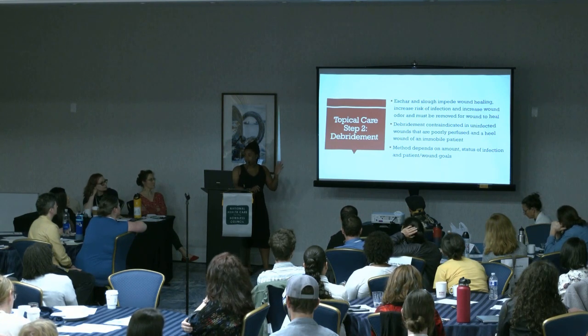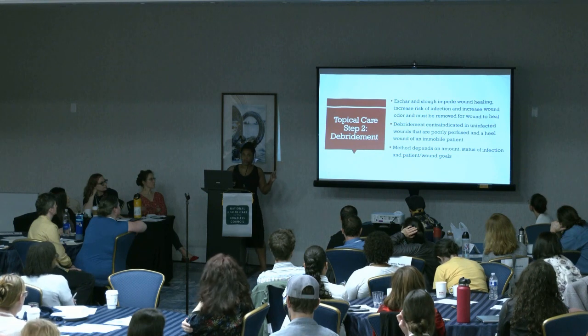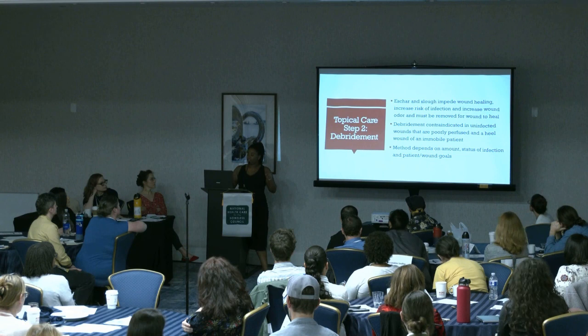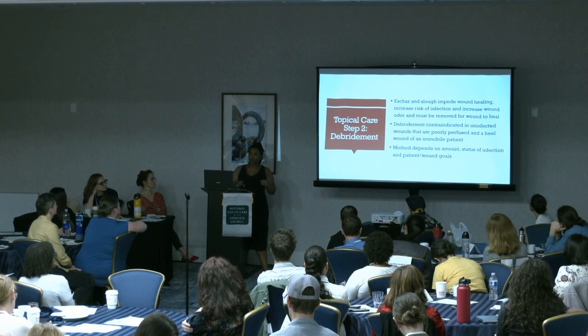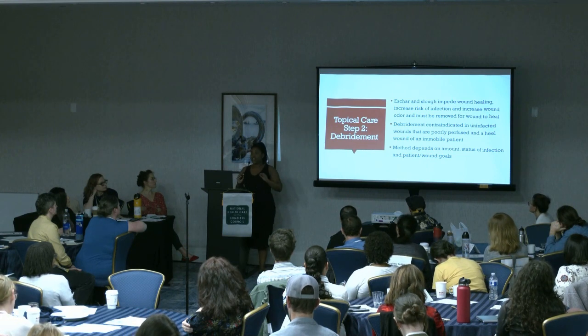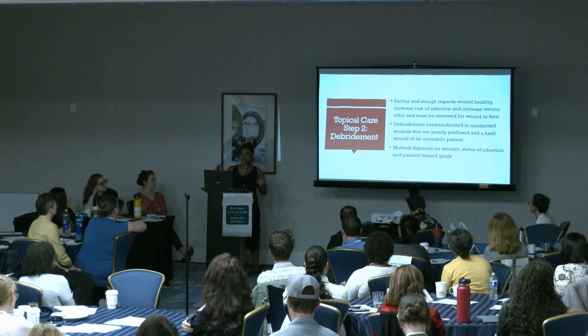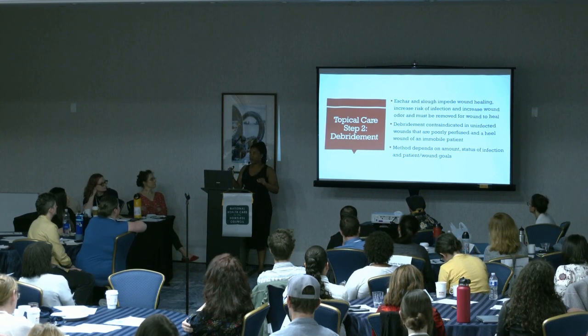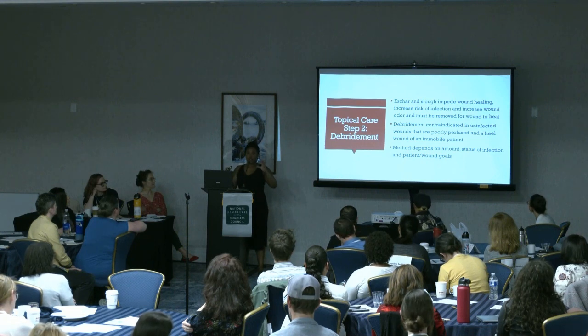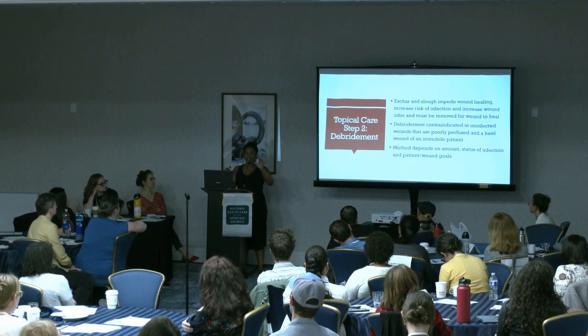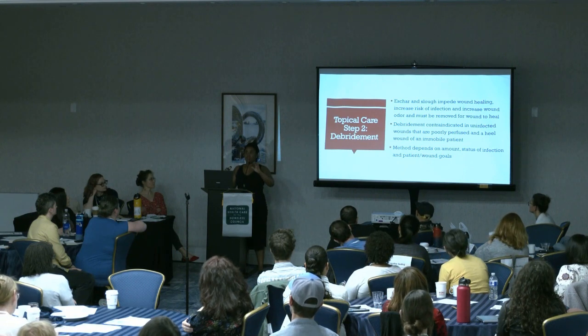And then here is when debridement is contraindicated, right? It's contraindicated in uninfected wounds that are poorly perfused. So if you have a patient who has very limited arterial supply, I'm thinking about like a foot, right? There's a wound there, and you know this person has peripheral arterial disease. And they have a stable, firm eschar piece over top of the wound. It's not draining, right?